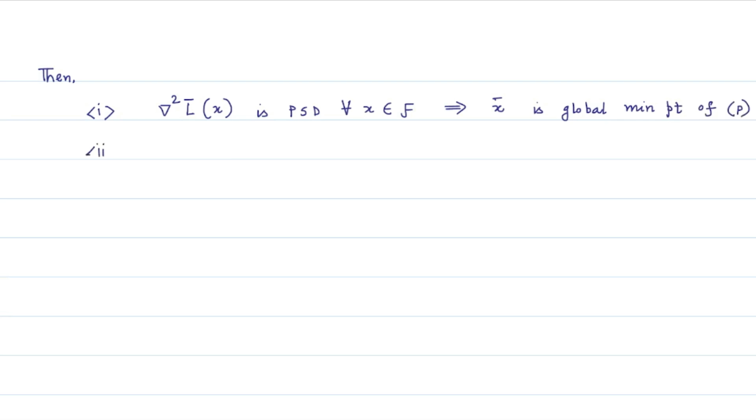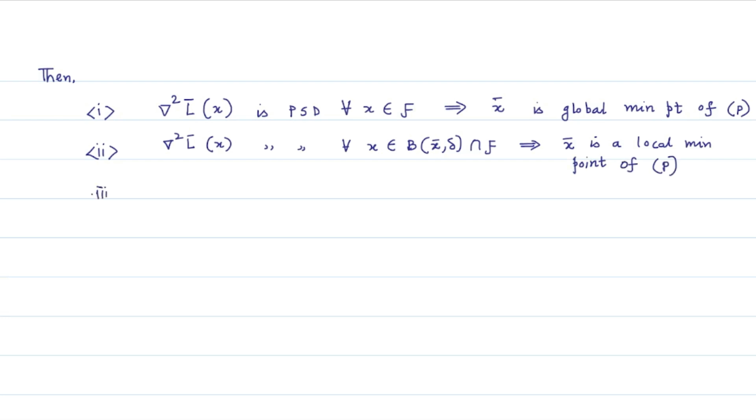If, however, this Hessian of the restricted Lagrangian is positive semi-definite in a local neighborhood of the point x bar, that is, inside a ball of radius delta centered at x bar intersected with the feasible set, then x bar is a local minimum point of the function L bar and hence a local minimum point of the constrained problem.